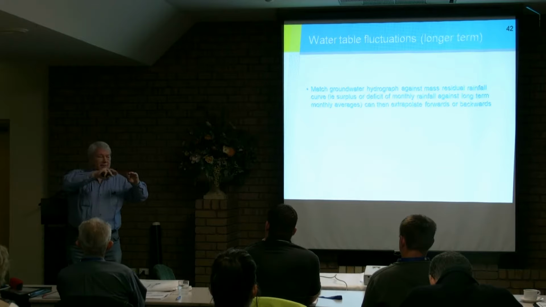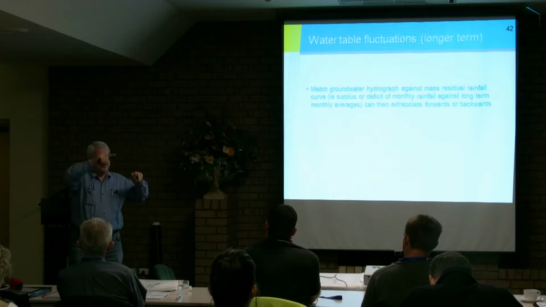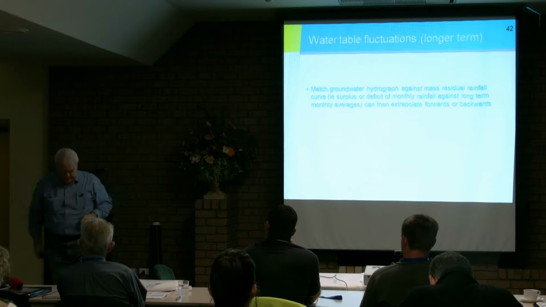Now that excess may be positive or negative depending on whether the rainfall was less or more. So we build up a residual mass curve, or a cumulative deviation from the mean, a residual mass curve of rainfall for the whole period.